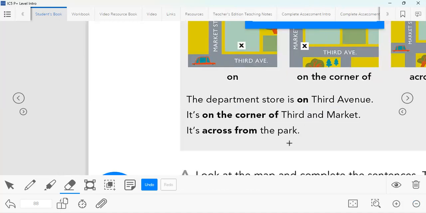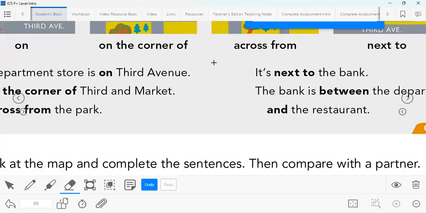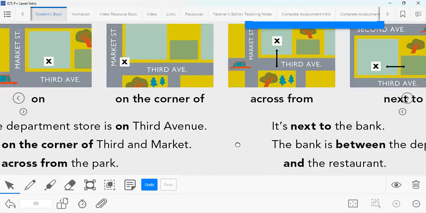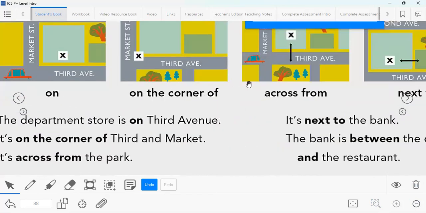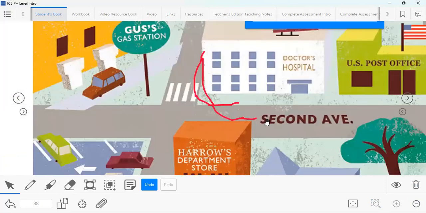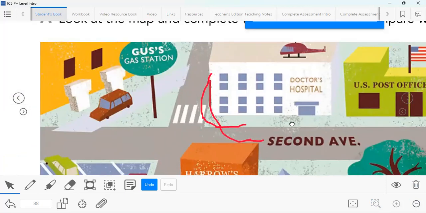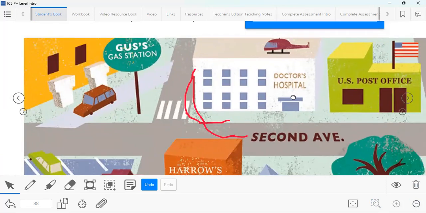Okay, but let me try with maybe Mr. Gomez. Using these same expressions, please, can you tell me where is Goose's gas station?